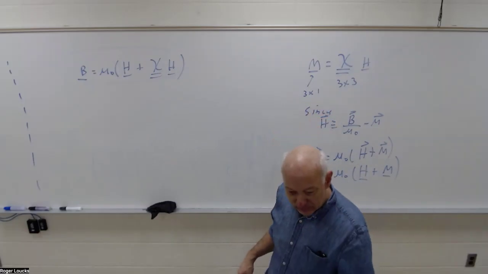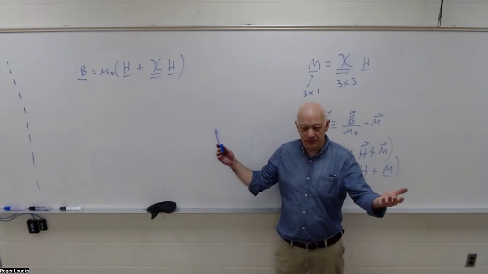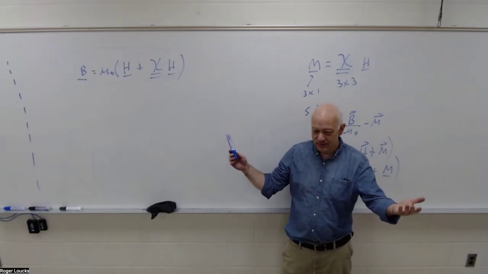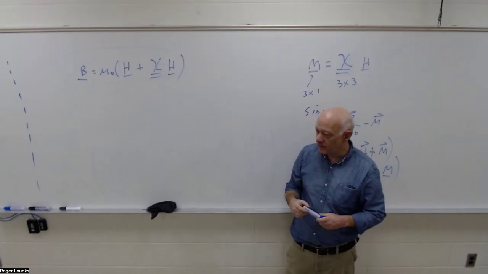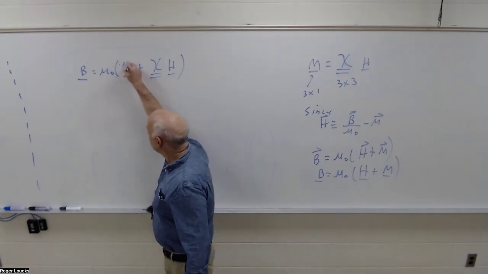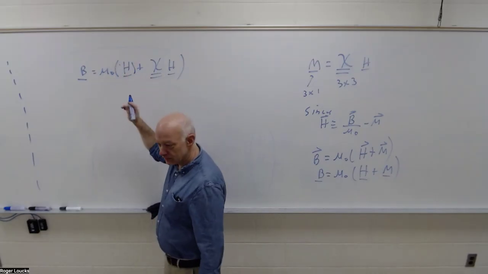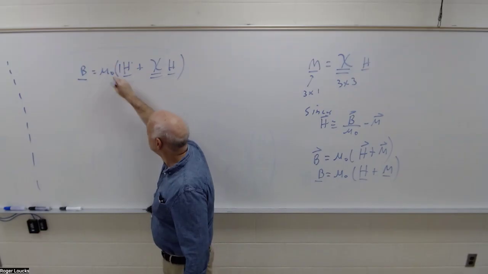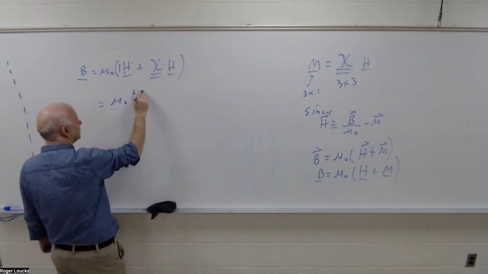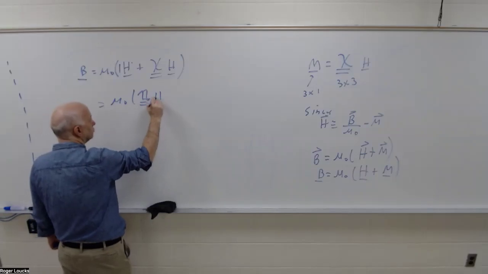Exactly. Okay. Which one are we going to use here? Multiply by 1 in a clever fashion. We're going to multiply by 1 right here. And I'm going to write this as mu naught times the identity matrix times H.